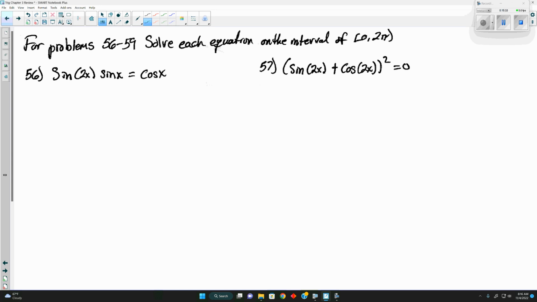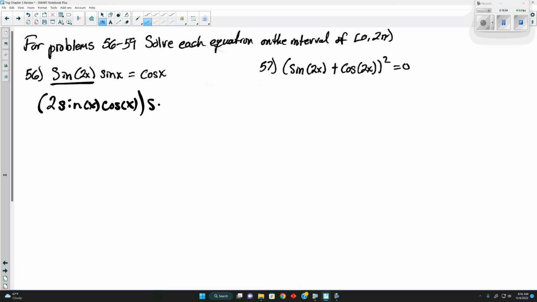56? So 56, this here is applying our double angle formula. That's what we're going to need to do. So the double angle formula, sine of 2x is equal to 2 times sine of x cosine of x.